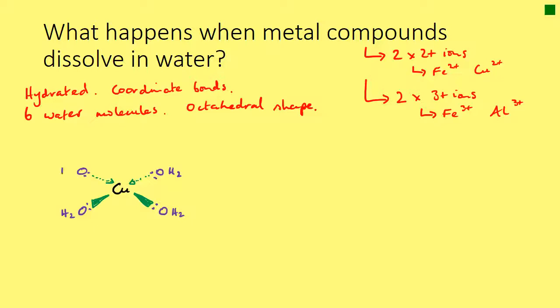Don't forget the lone pairs. So that's 4 of our 6 water molecules accounted for. The other 2 are from above and from below in the plane of the screen. So we draw those as just normal solid arrows.